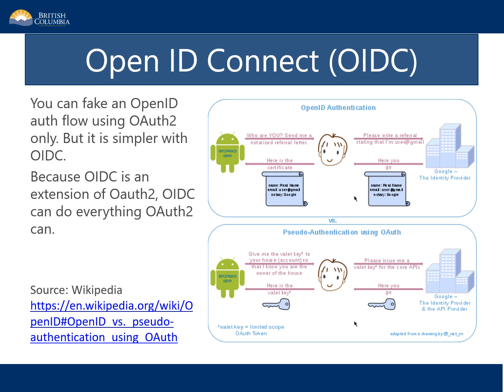Because OIDC is an extension of OAuth 2, OIDC can do everything OAuth 2 can. So here's an example of that ID token being passed back during an OpenID authentication, whereas with OAuth 2, you can pass it back as a specific key.